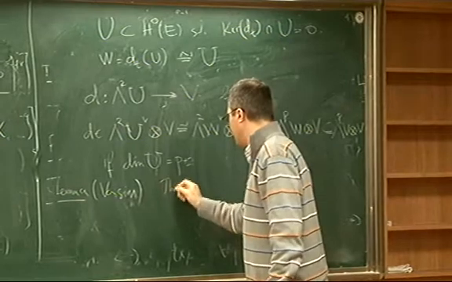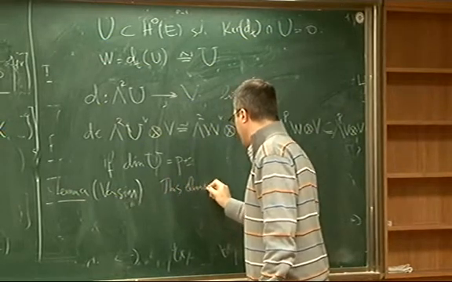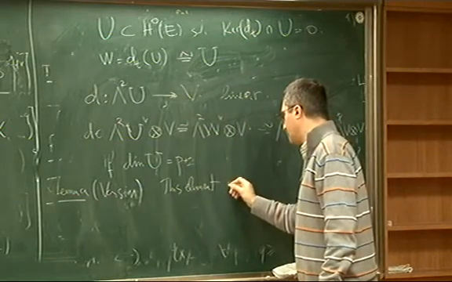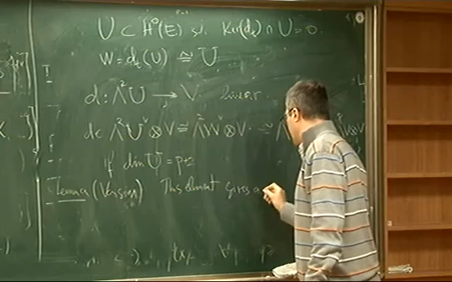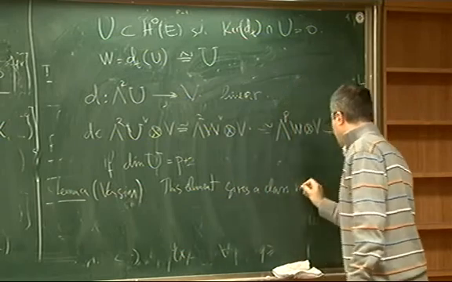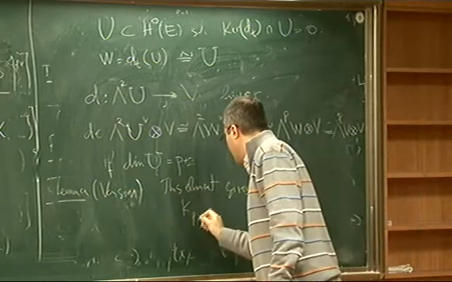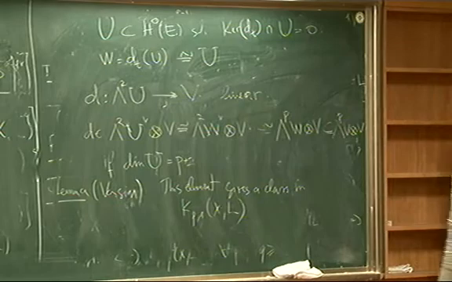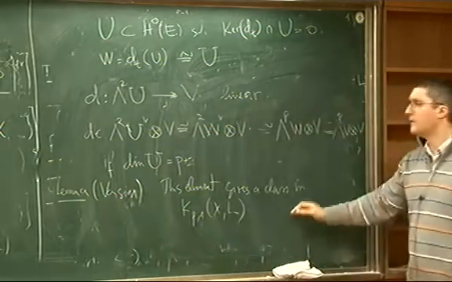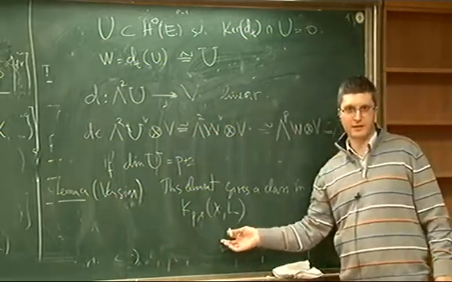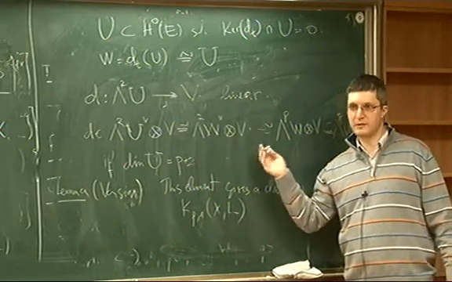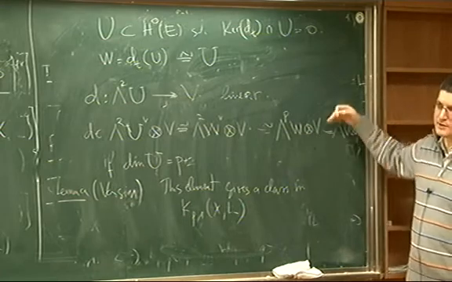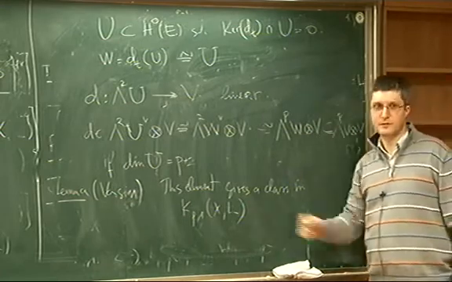So this element gives a class in K_{P,1}(X, L), right? We don't know whether it's 0 or not as a class, but we know that it's a class. It just suffices to apply the Koszul differential and see that it's 0. That's the content of this lemma.